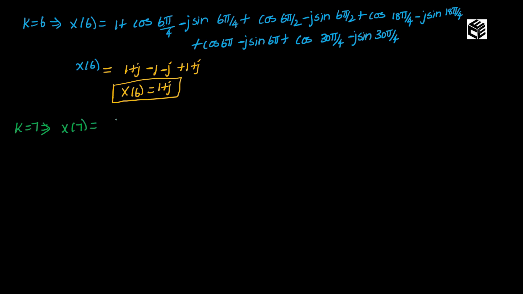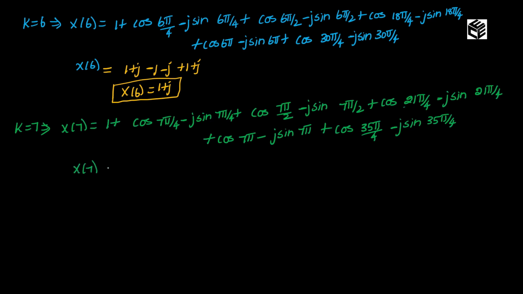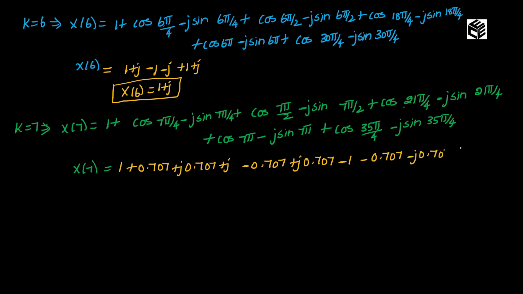So x of 7 is equal to, on calculating I will get the answers as 1 plus 0.707 plus j 0.707 plus j minus 0.707 plus j 0.707 minus 1 minus 0.707 minus j 0.707. That's all. So the final value of x of 7 is equal to minus 0.707 plus j 1.707.